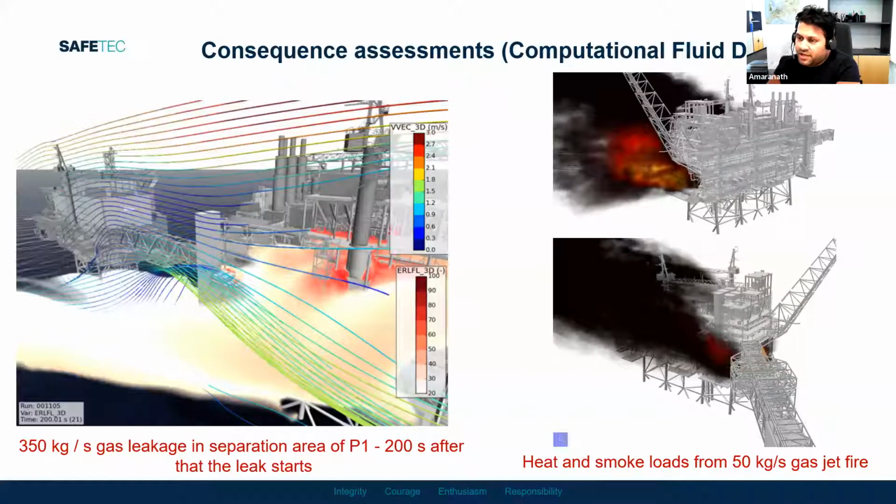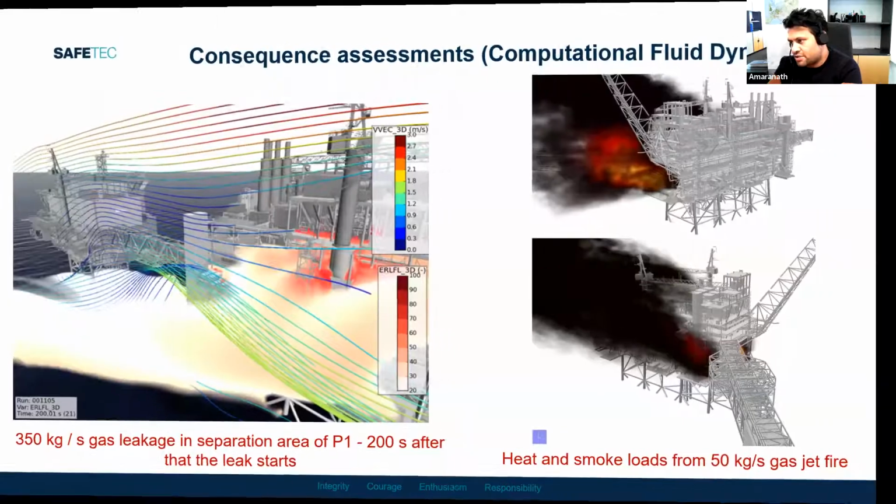So you have to perform wind chill analysis and working environment analysis based on CFD calculations. And these are the consequences of fire calculations. As you can see here, we need to perform these calculations to evaluate the loss of escape routes and also the structural integrity of the offshore installations.